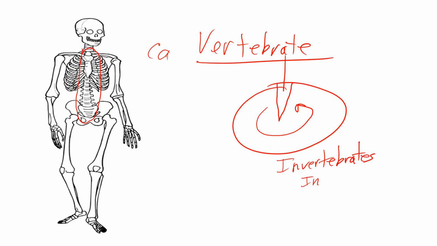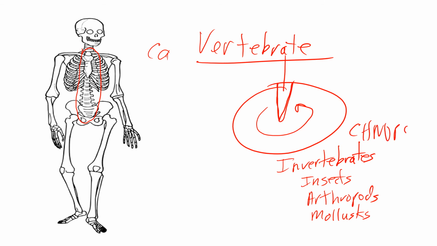Insects, all other arthropods, mollusks, and more. Seahorses are invertebrates. Worms are invertebrates. So most of the organisms that we know of are invertebrates, and a small slice of the pie is vertebrates. Like I said, when we're talking about all the other organisms, carbon, hydrogen, nitrogen, oxygen, and then phosphorus and sulfur are most abundant in those also.